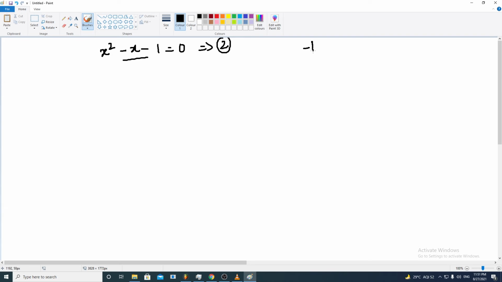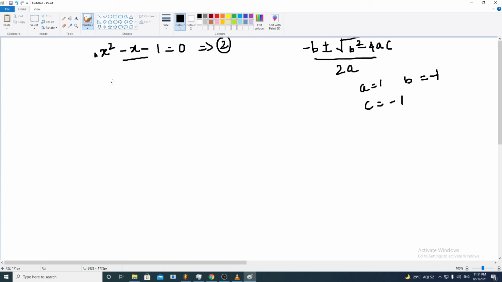So we'll have minus b plus or minus root of b squared minus 4ac, upon 2a. So we have a equals 1, b equals minus 1, and c, which is also equal to minus 1.